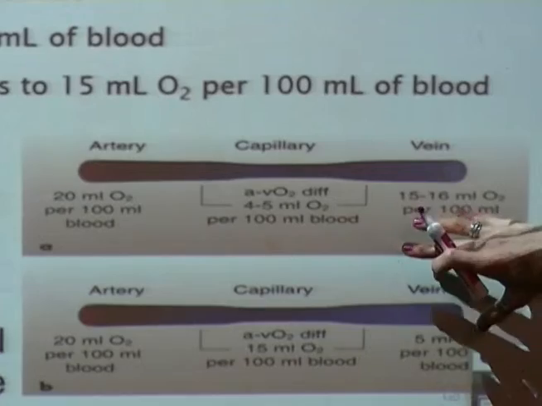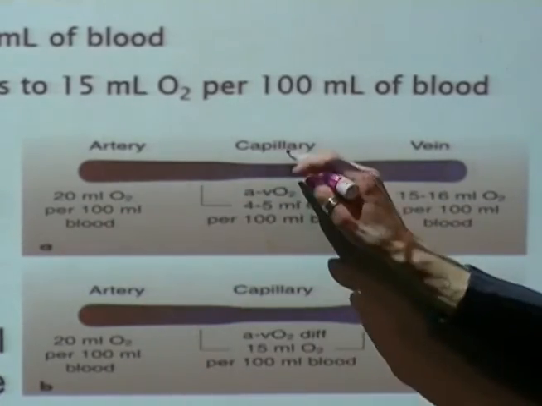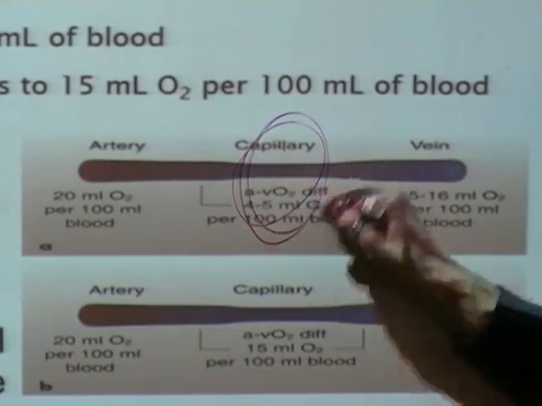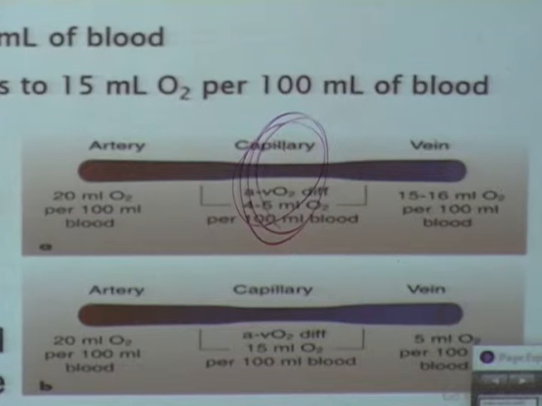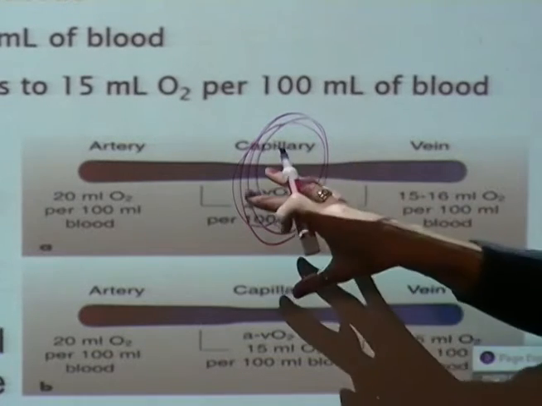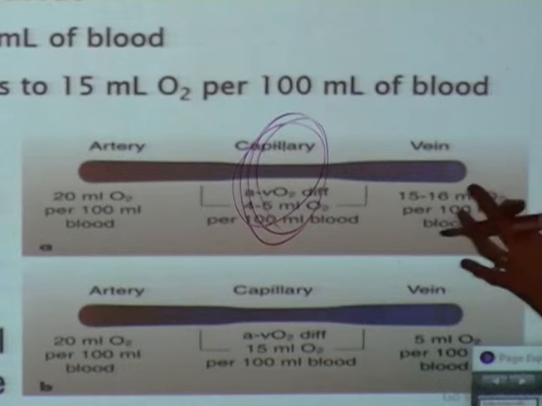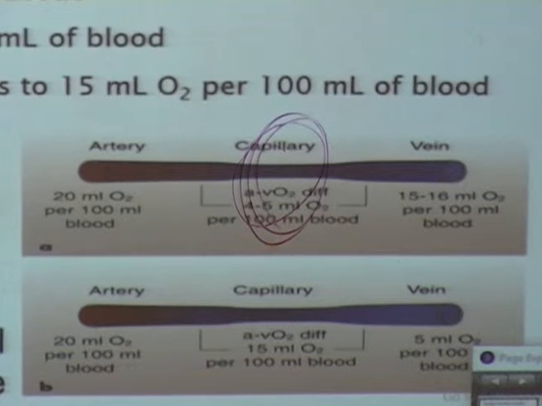That means that I lost 5 here. So at rest, 5 milliliters of oxygen transferred out of the bloodstream into the muscle tissue.